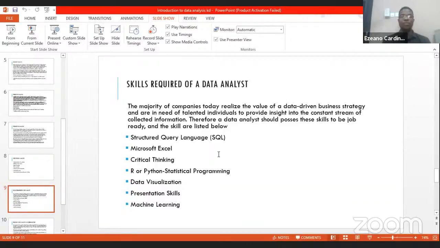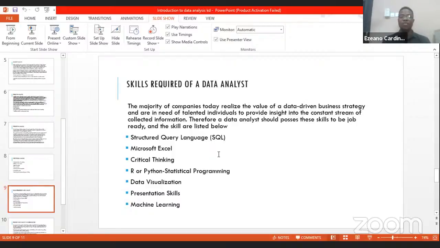Therefore, a data analyst should possess these skills to be job ready, and the skills are listed below. A data analyst should know a bit of programming, should know a structured query language, have to know Microsoft Excel very well, and have to be a critical thinker.